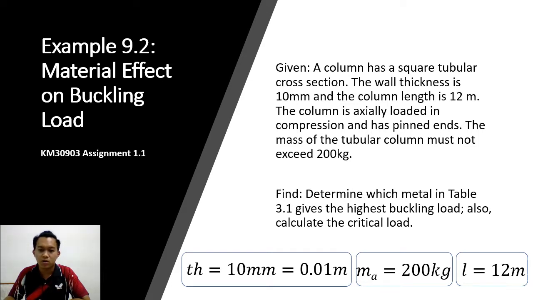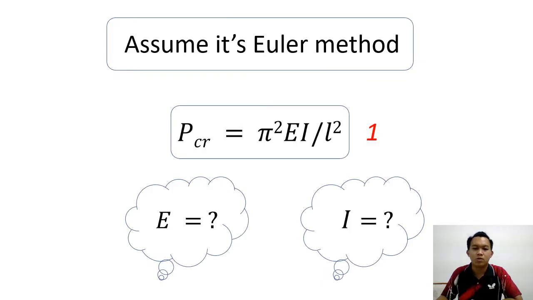From the question, the data we can get is the wall thickness of 0.01 meter, the mass of 200 kg, and the length of the column 12 meter. So first, let's assume that it's using the Euler method. For the Euler method, to find the critical load, this equation is used, and in this equation there are two unknowns that we have to find.